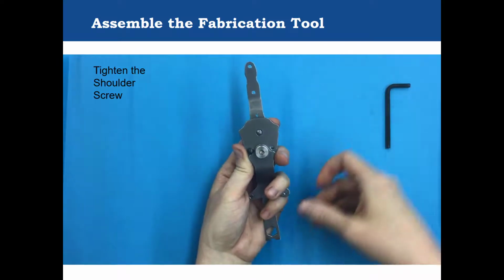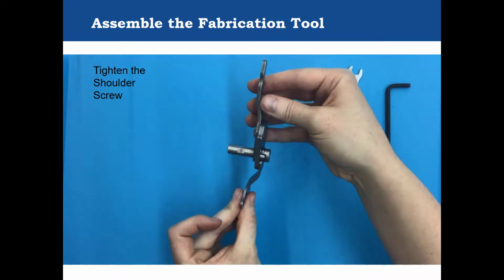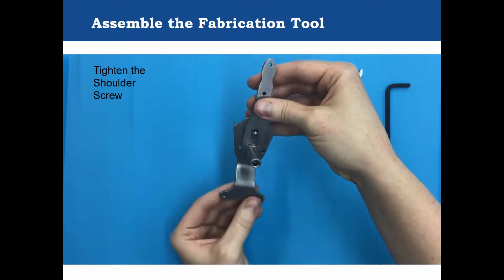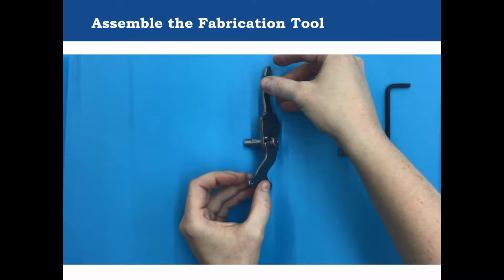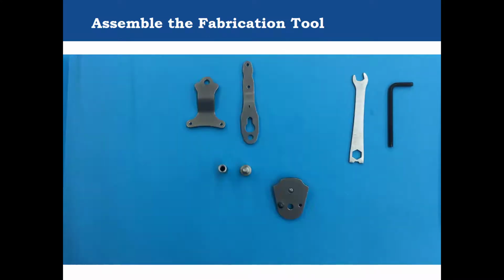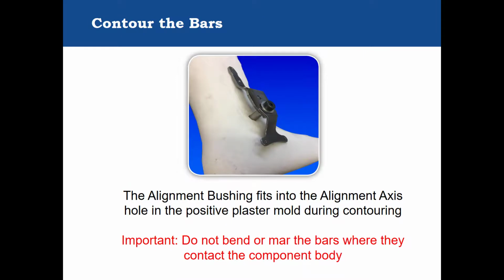Gently tighten the alignment bushing using the combination wrench and 4 mm hex wrench. The alignment bushing fits into the hole in the mold formed by the alignment axis. It is important not to bend or mar the upper bar and stirrup where they contact the component. Doing so will damage the component.